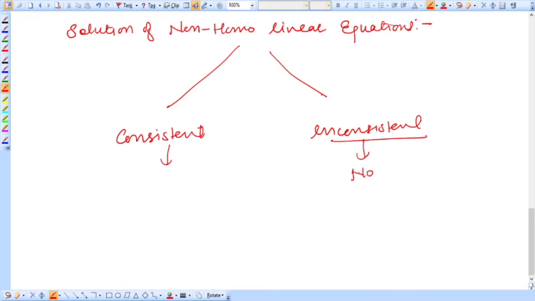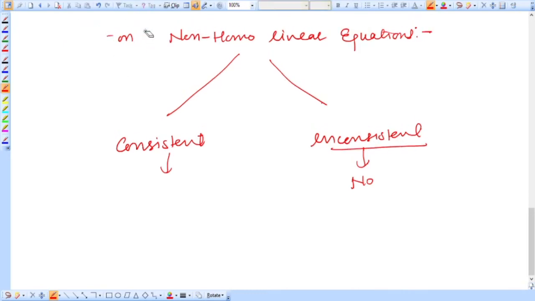solution, this is a classification of non-homogeneous linear equations. Non-homogeneous linear equations can be divided into two types: one consistent and second inconsistent.